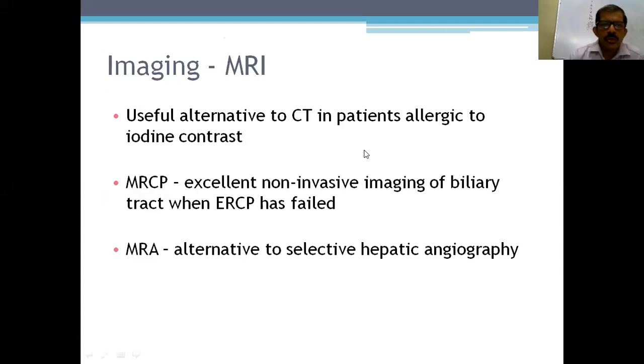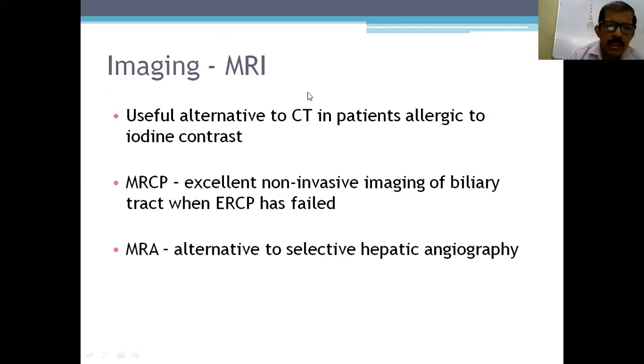Next, let us go to the next imaging, that is MRI. In patients who are allergic to iodine, whenever you need contrast you cannot give it, so then you can do MRI. But otherwise, there is no advantage of MRI over CT.